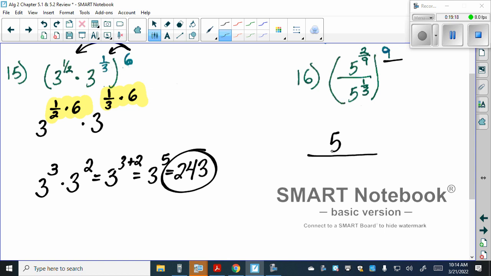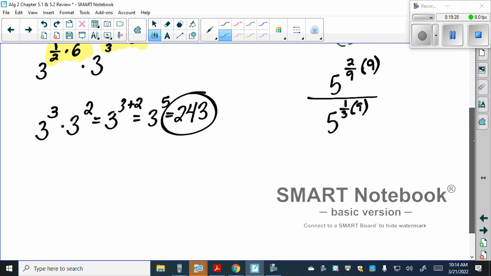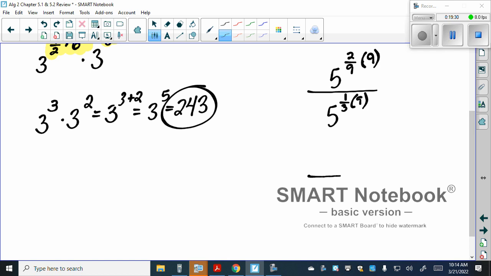If we use our power of a quotient, it would give us 5 to the 2/9 times 9 over 5 to the 1/3 times 9. Well, in the numerator, 2/9 times 9 is 2.